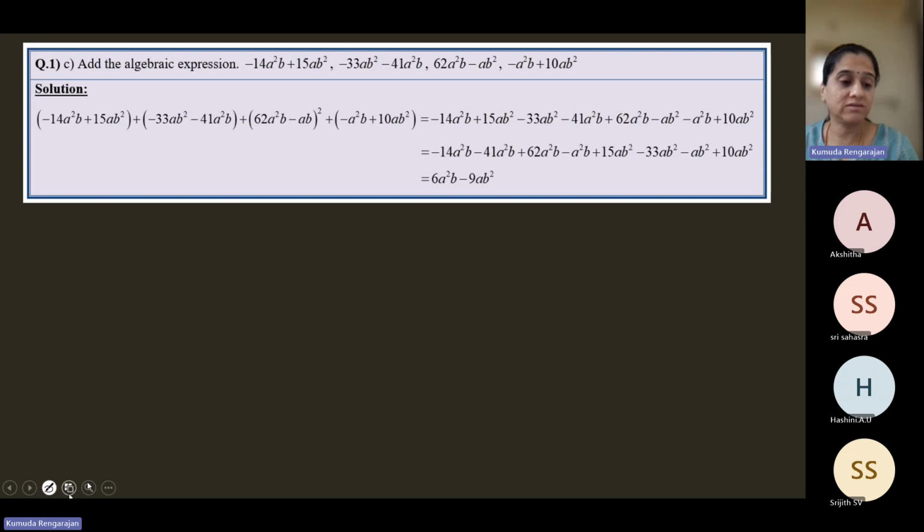How many expressions are here? 1, 2, 3, 4 expressions. Yeah, there are 4 expressions, each with 2 terms.